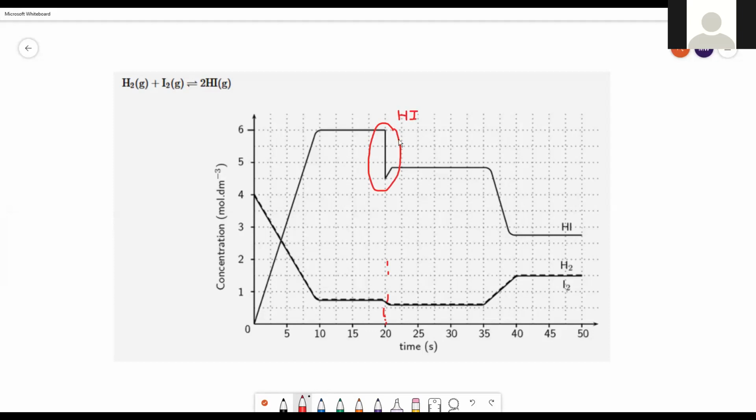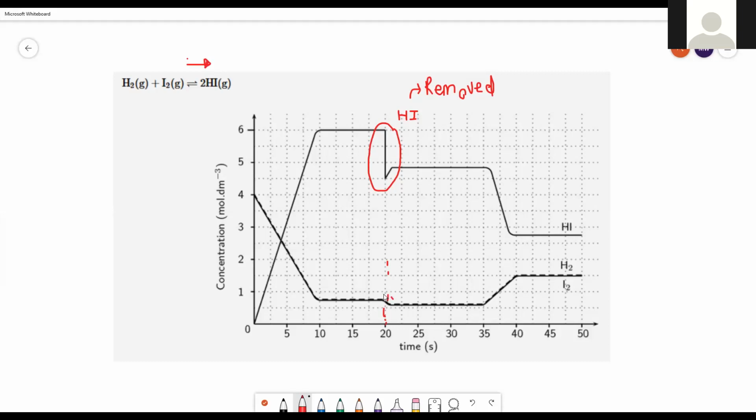That steep decrease shows us that it had to be removed from your system. And when it is removed from your system, it means that your reaction is now going to shift in this direction to kind of replenish that loss that you had.